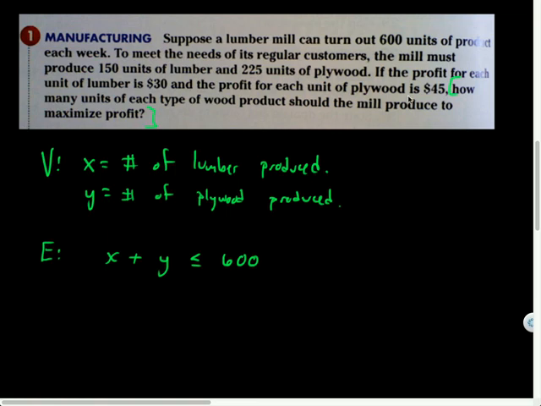Then it says to meet the needs of its regular customers. They must have gathered this data. They must have figured out what the regular demand is. And the more data a business can gather, the better you can find the most optimal solution. So it says to meet the needs of its regular customers, the mill must produce 150 units of lumber. So X relates to 150. How?